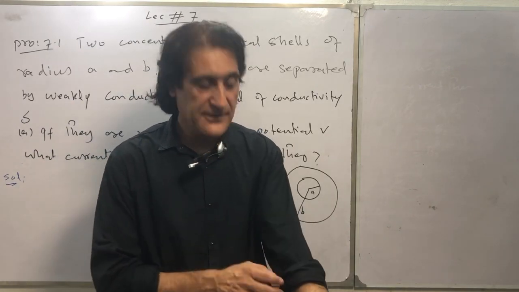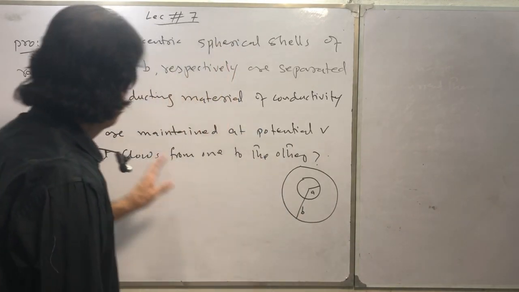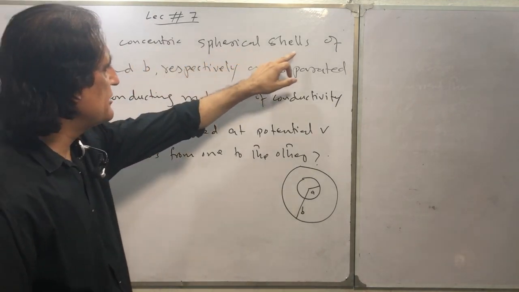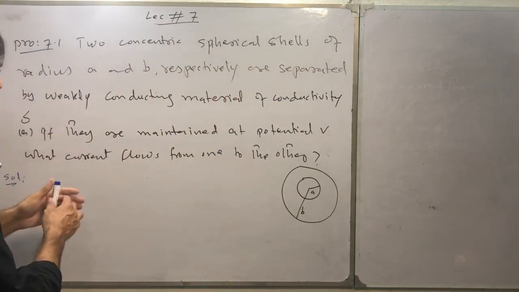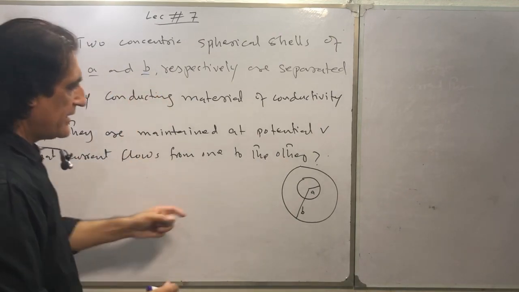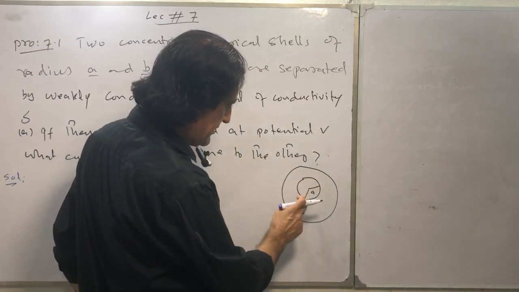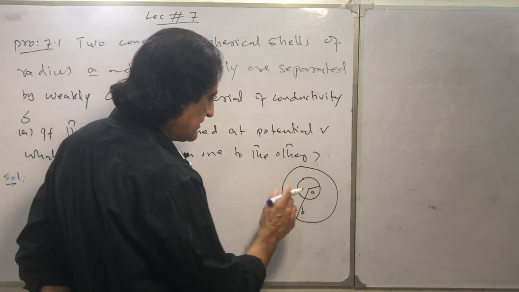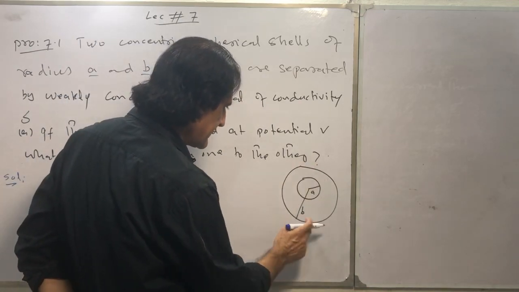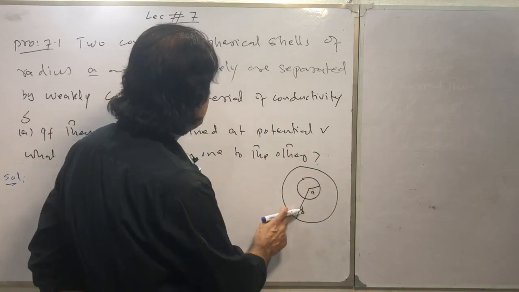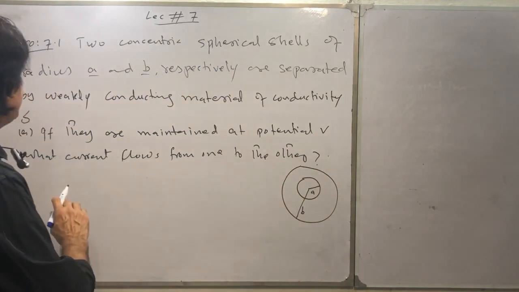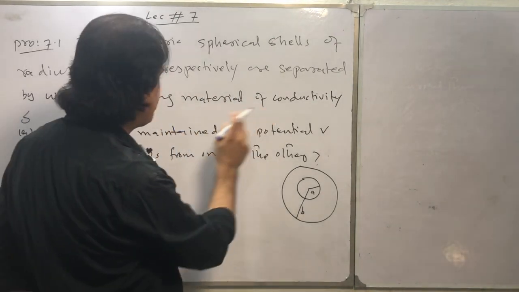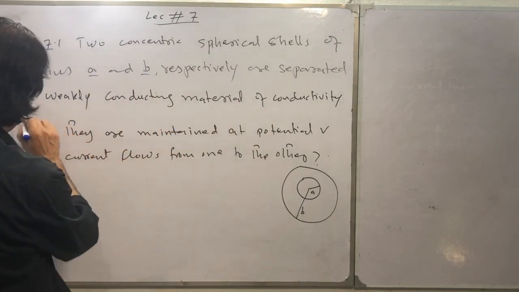This is the first problem of this chapter. If we have two concentric spherical shells of radius A and B, as I have shown here, this is one spherical shell with radius A, and this is another shell with radius B, separated by a weakly conducting material of conductivity sigma.